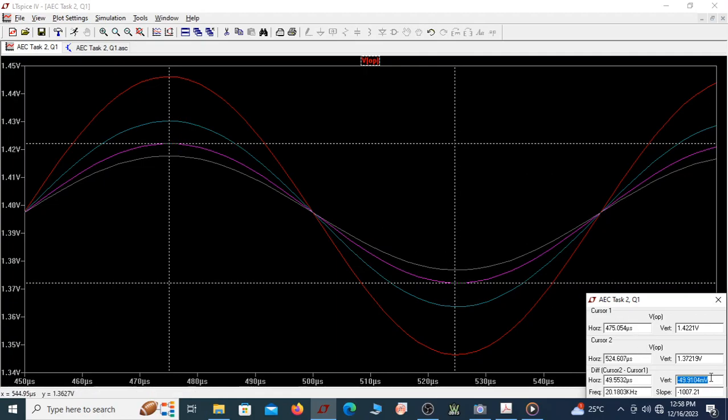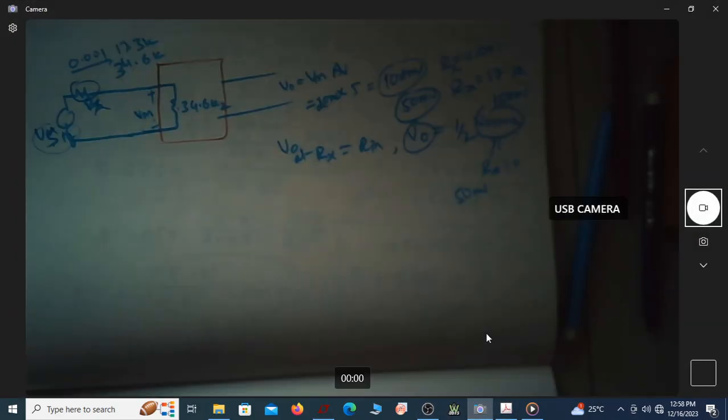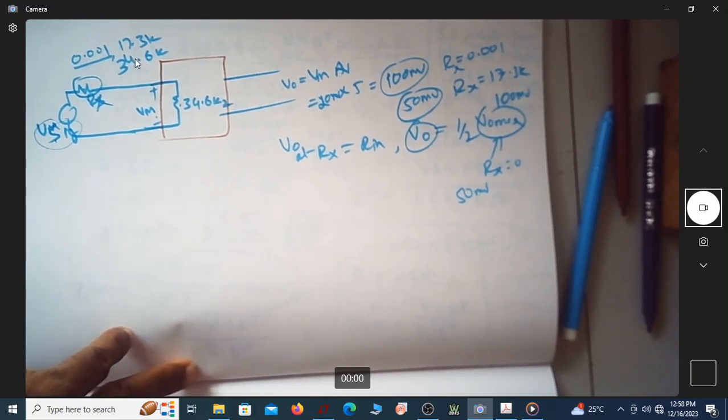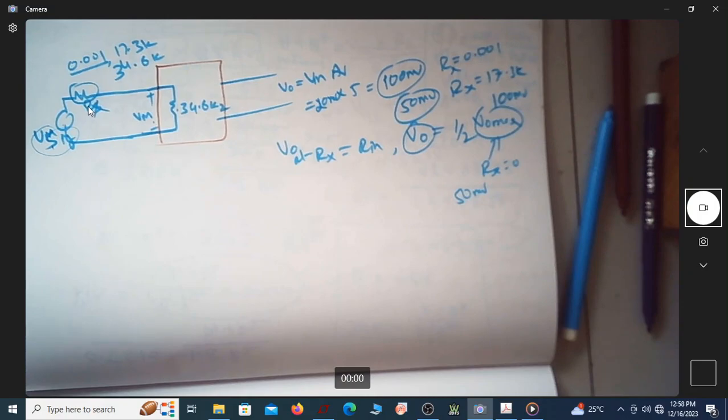Now if you just come back to this, as I keep increasing from 0 to 17.3, then 34.6, for the third resistance value, which is 34.6 kilo ohm, the output voltage became half of the maximum. Why has it become half of the maximum? Because the input that is available is half of the previous one.